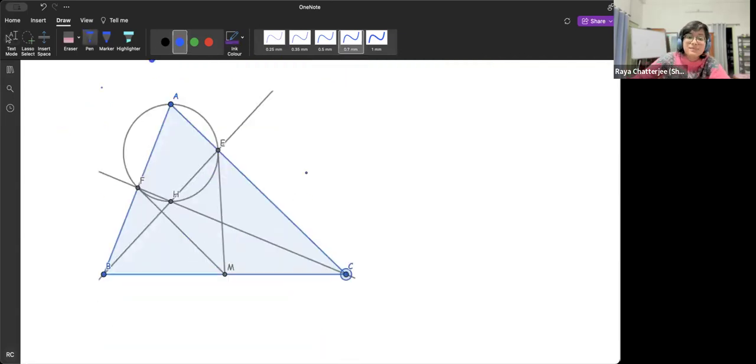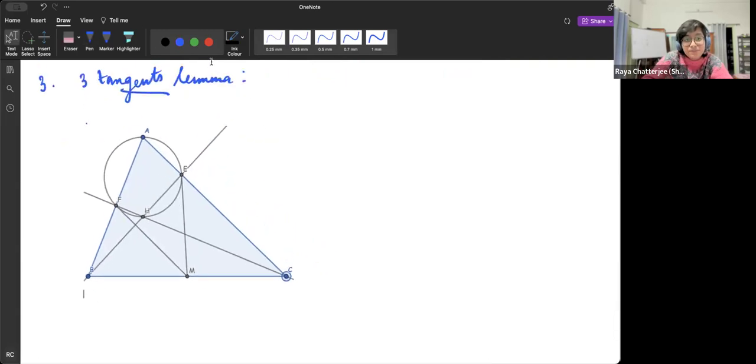I'm just going to state the three tangents lemma right now. So what is this configuration? We have a triangle ABC, and H is the orthocenter of the triangle. Now BH and CH are altitudes from B and C to the opposite sides.